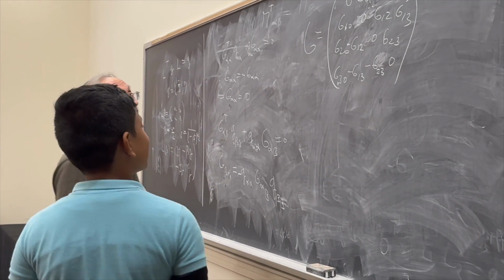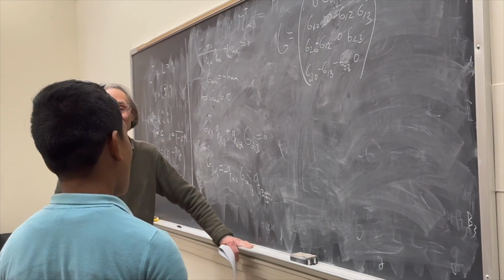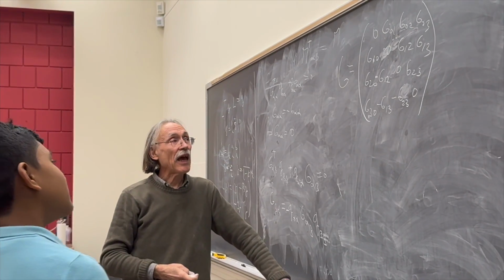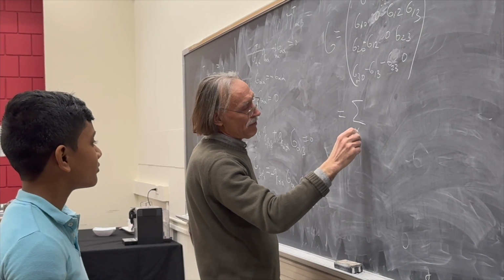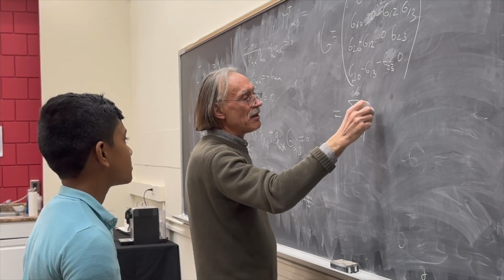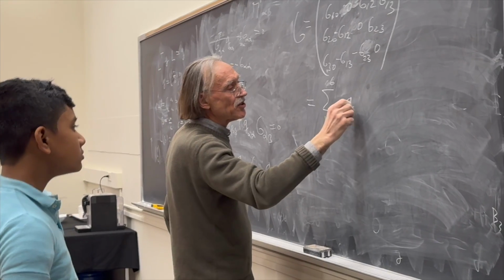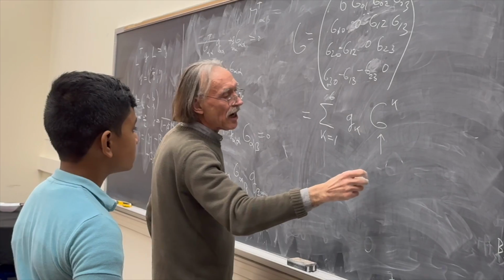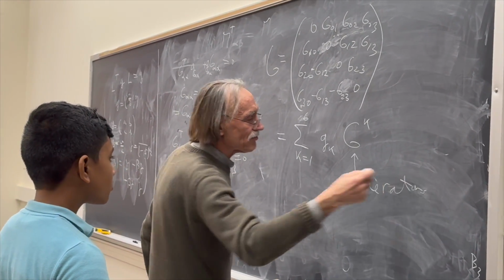So now you see that this matrix has only 6 independent elements by explicit construction. Now you write this as a sum over k from 1 to 6, maybe times some numbers, of G_k times G_k, and these are called the generators.